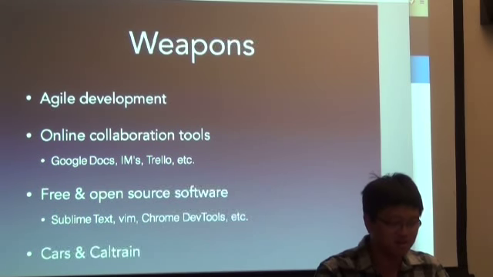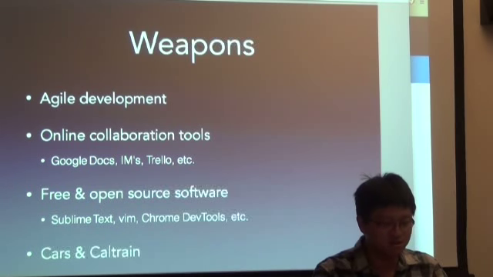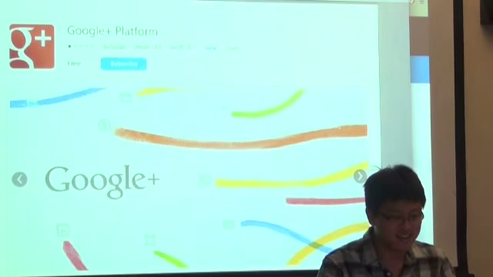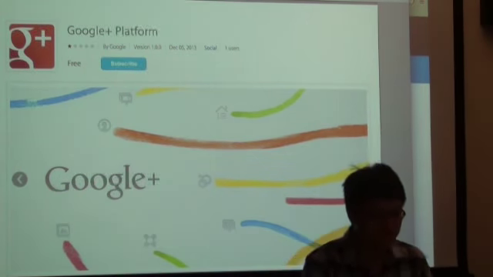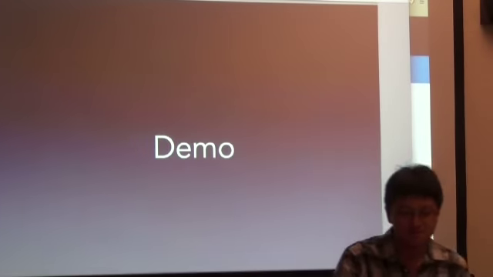We're also using a lot of free and open source software to help us, like Sublime and Vim, from the developer tools. And we're driving our cars and taking a ride on Caltrain to San Francisco. And now Ben will give a demo of our website and the SDK.